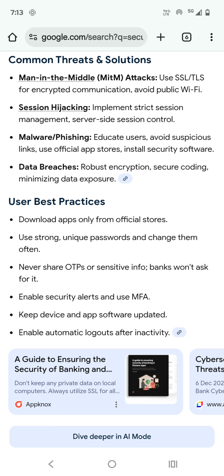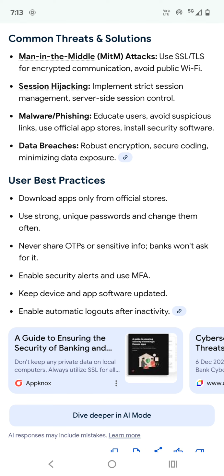And generally best practices: download the apps only from official stores. Sometimes you may get a duplicate, some fabricated application that may actually steal your user ID and authentication. So you have to take care of your login credentials and all. Use strong unique passwords, change them often.